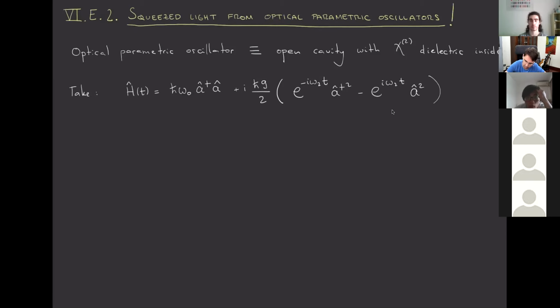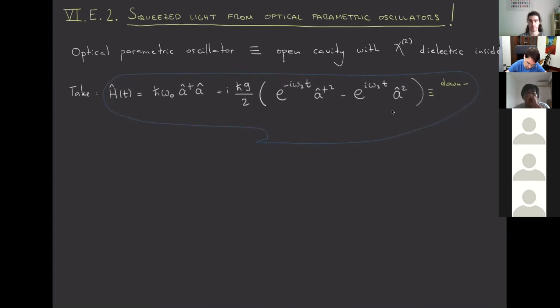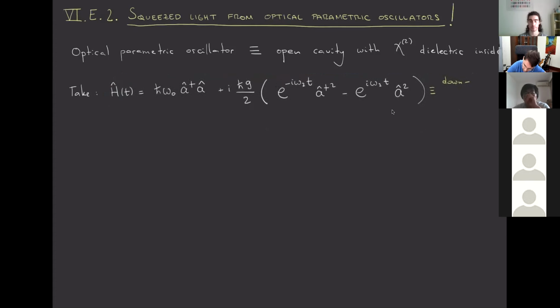Okay, which I remind you that we call down conversion, within the parametric approximation for the pump.